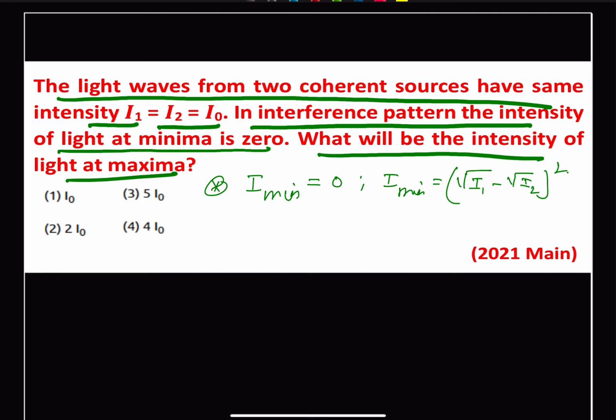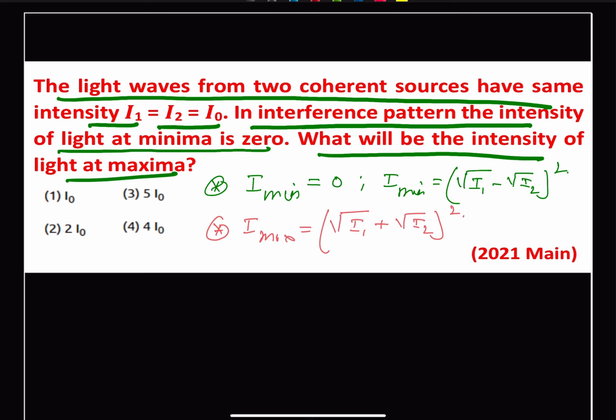And our I max we can write as (square root of I1 plus square root of I2) whole square.